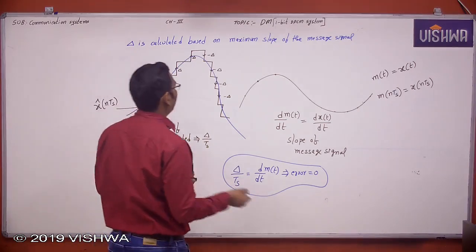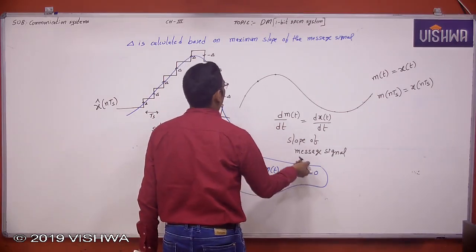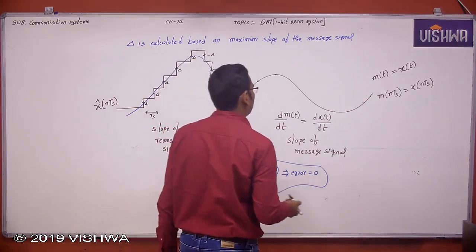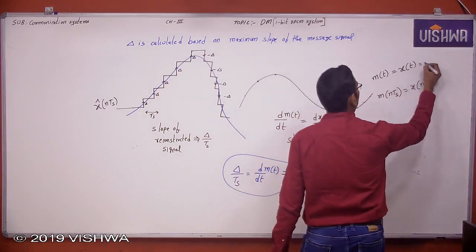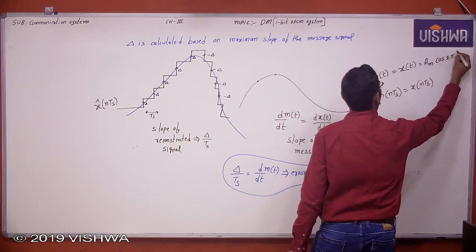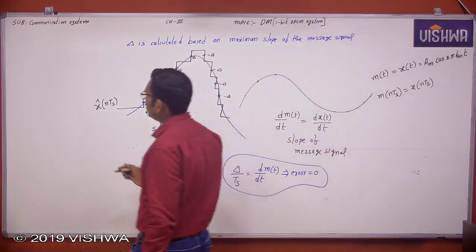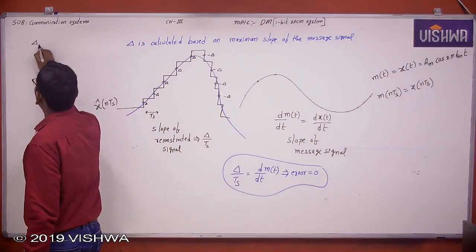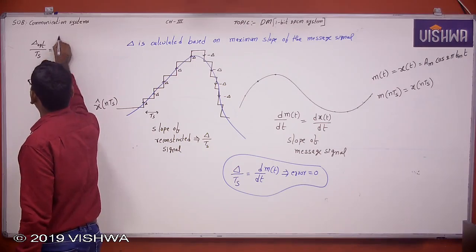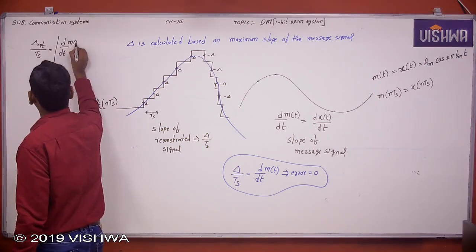Now you may take the condition here also with no error, or this is called the optimum step size. Now we will calculate the optimum step size. What is m of t? It is equal to Am cos 2 pi fm t. The optimum step size is calculated based on the maximum slope of the message signal, d by dt of m of t maximum.